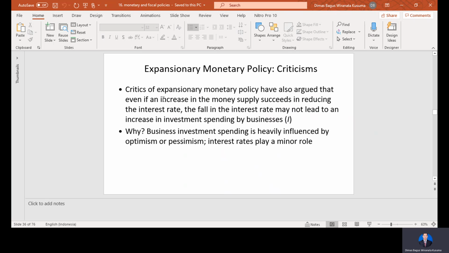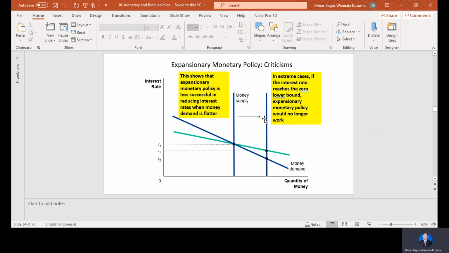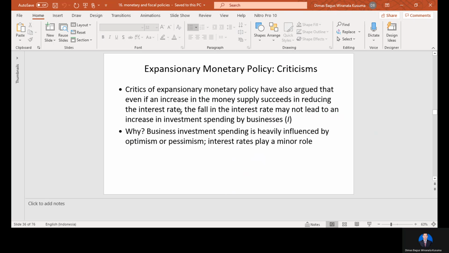The critics of expansionary monetary policy have also argued that even if an increase in the money supply succeeds in reducing interest rates, the fall in the interest rate may not lead to an increase in business investment spending, because the slope of the money demand is flatter than before.